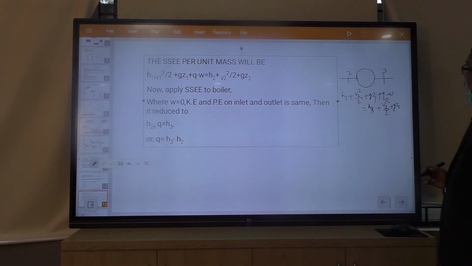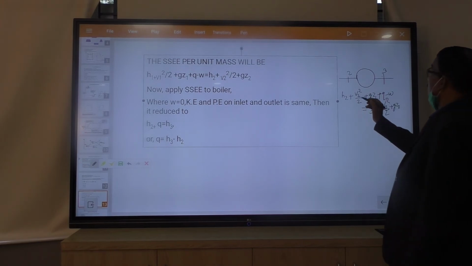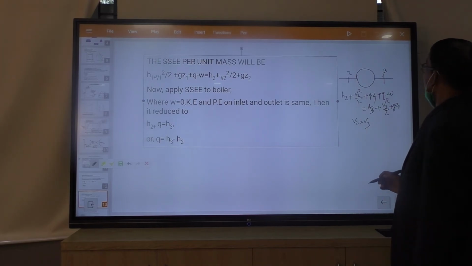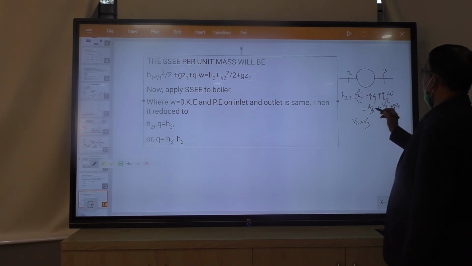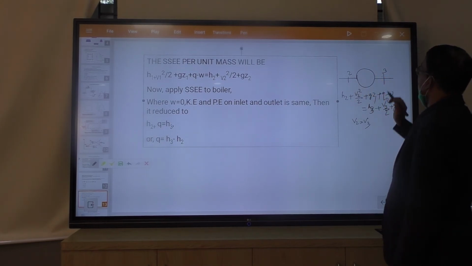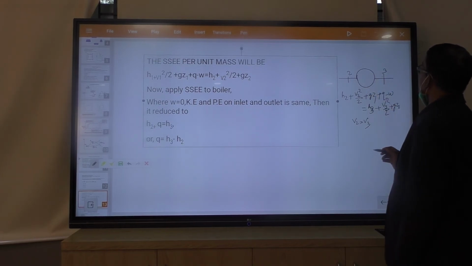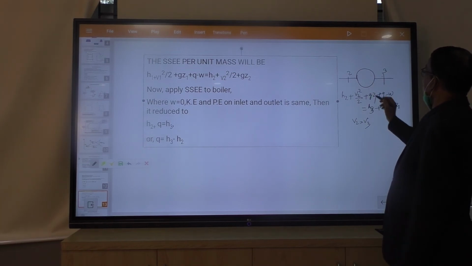So here velocity is the same, V2 is equal to V3, because there is nothing by which velocity increases. Kinetic energy at inlet is equal to kinetic energy at outlet, because there are no moving parts, it is only a heat transfer unit, the boiler, and their elevation is also the same, Z2 is equal to Z3.